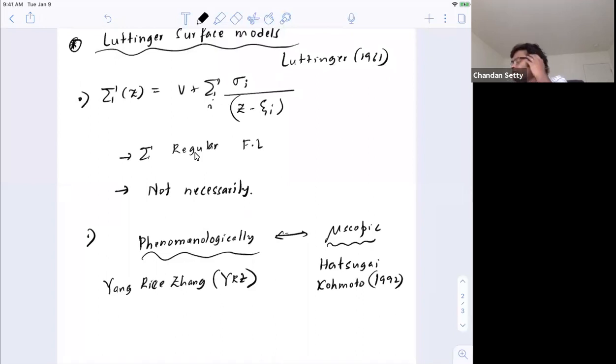I will, if I have time, try to talk about the microscopic model at the very end. But for now, keep in mind that whatever phenomenology I'm going to describe today is applicable to this microscopic model in the presence of some sort of a pairing term.